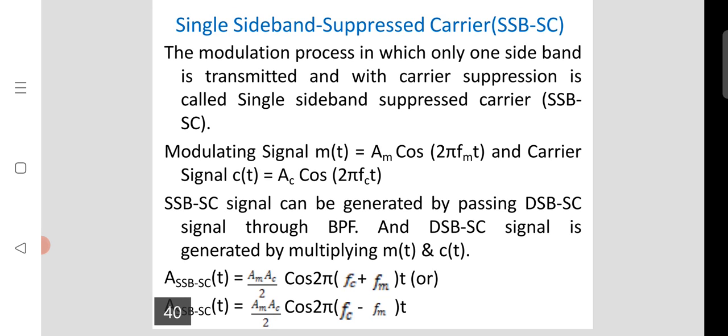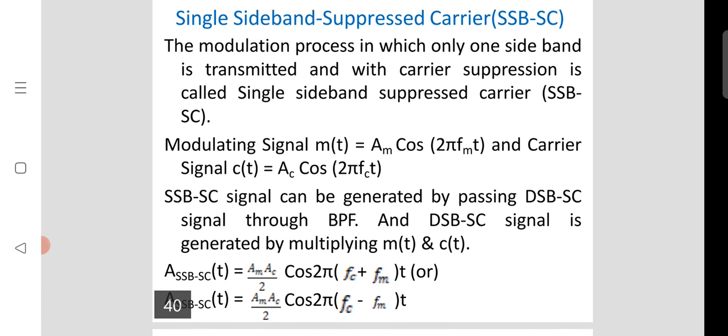By observing DSBSC, there are two sidebands, the upper sideband and lower sideband, which consist of the same information but with opposite polarity. So one duplicate copy of the information is carried in two sidebands.